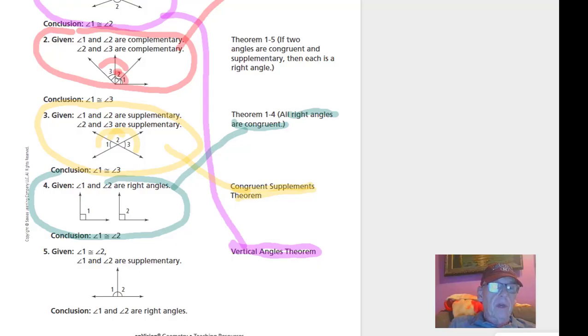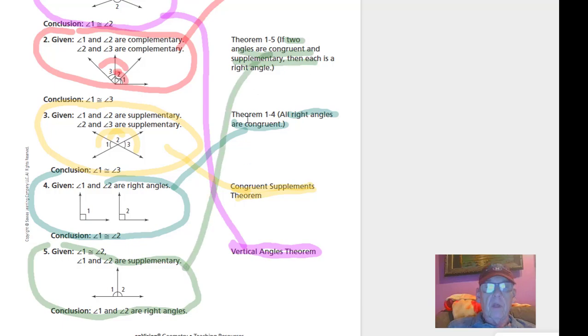That's our reason for that one. Let's use green, I guess. So this goes with, if two angles are congruent and supplementary, then each is a right angle. So that's the way those match up.